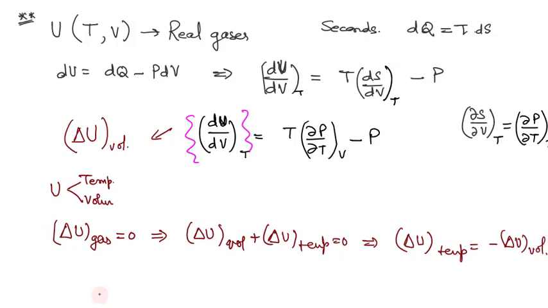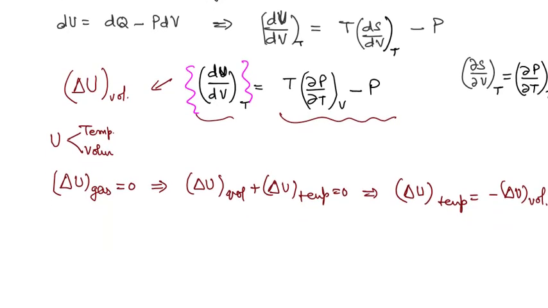So let me evaluate this quantity. Delta U of volume can be evaluated from delta U of temperature. I will calculate the temperature part, and the volume part will be the negative of it.